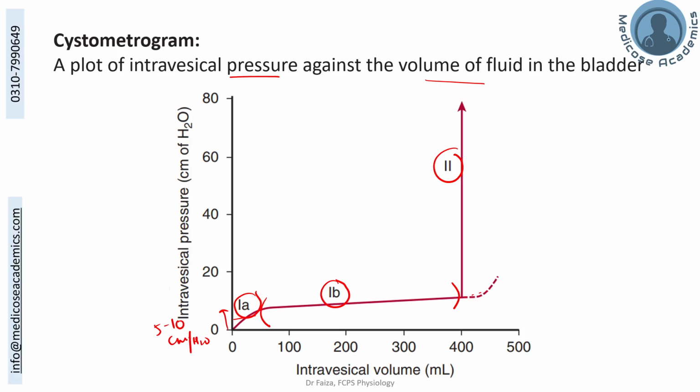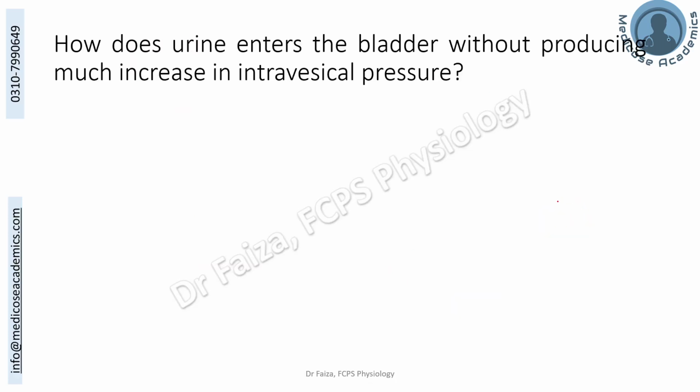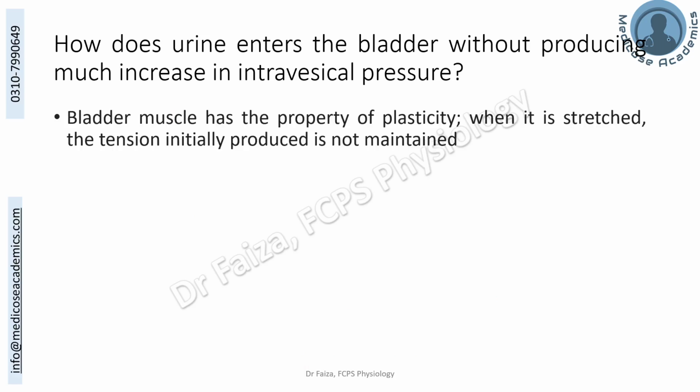So here comes a question: why was there a small rise in pressure with a large accumulation of urine volume during phase 1B? This is explained by the law of Laplace. The bladder wall has the property that even if it is stretched, the tension will not be maintained.